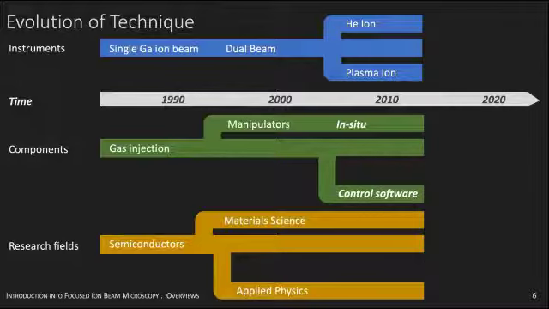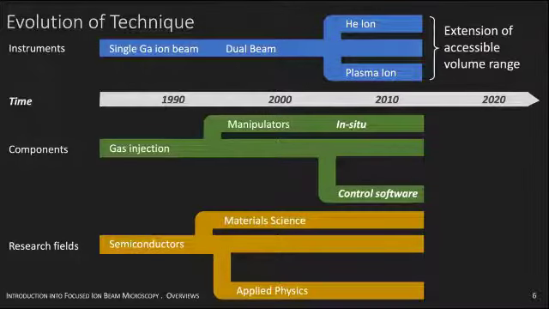In the early 2000s, you started to see commercialization of other type of ion beams besides the gallium, which has been for a long time the standard ion. Ion beam research has been done for decades, but this is now the time where you start to see commercial platforms, for example, in form of a helium ion microscope or a plasma ion microscope.